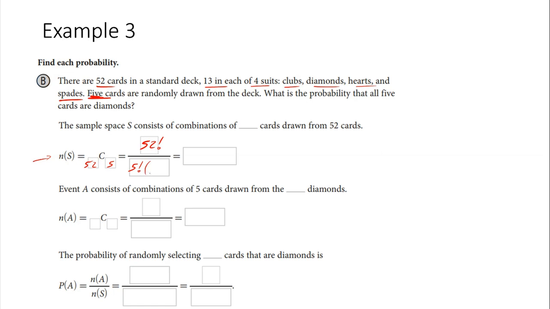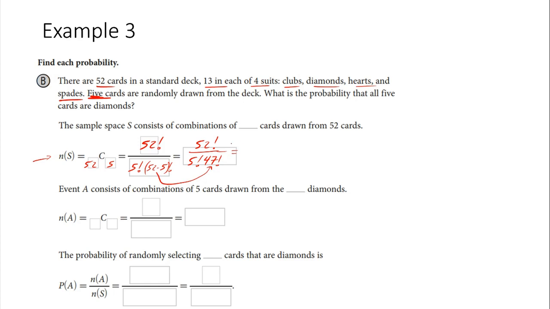And then what is 52 minus 5? You should get 52 factorial divided by 5 factorial times 47 factorial, because 52 minus 5 gave us that 47 from here.